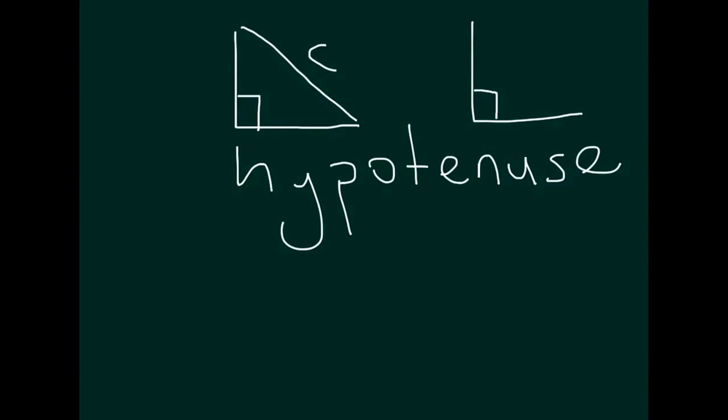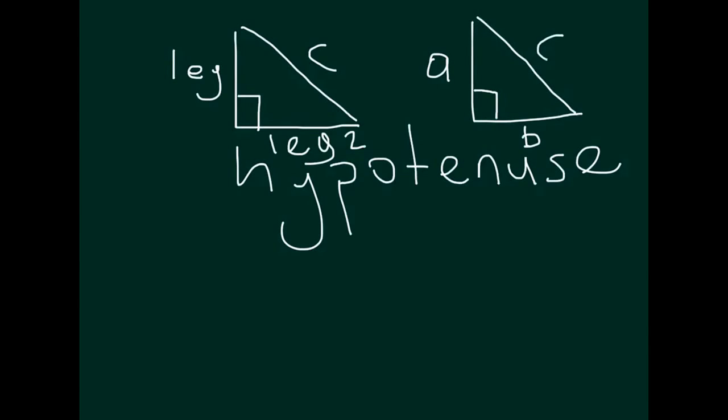There it is. In order to find the hypotenuse, right, we can square both sides, otherwise known as legs. So here's leg 1, leg 2, right? Now for the sake of this lesson, we're going to call this leg A, this leg B, and the hypotenuse we're going to call C.